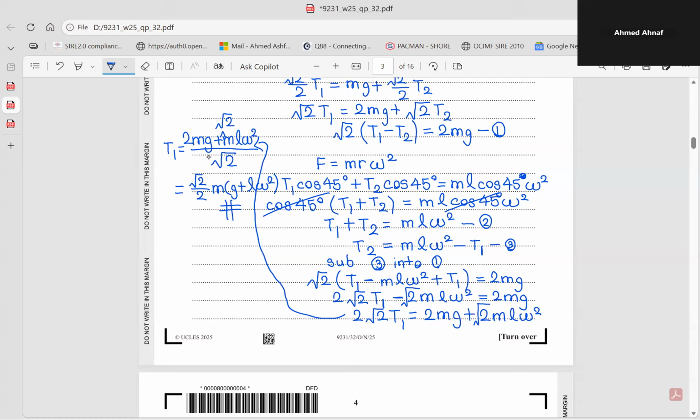So this is 2 square root 2 and square root 2. Let me just erase this. Doing that will give us mg over square root 2 plus mL omega squared over 2.